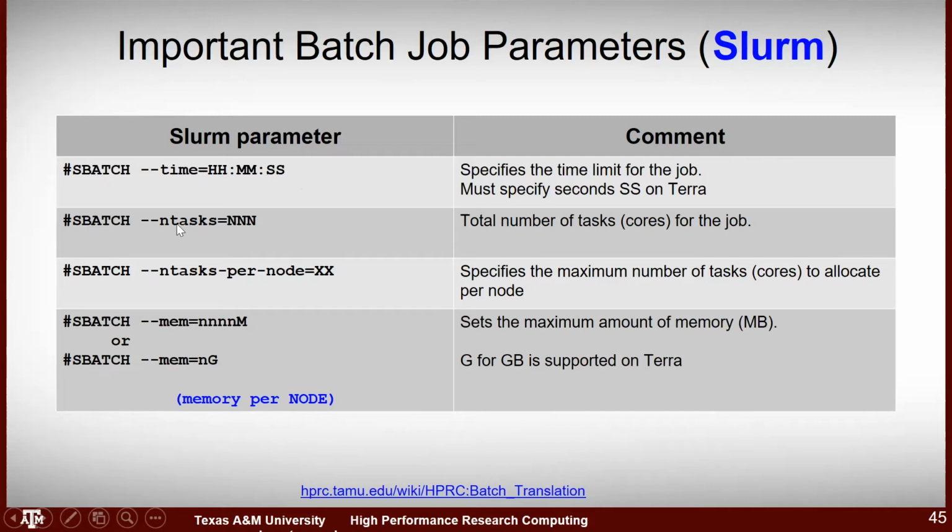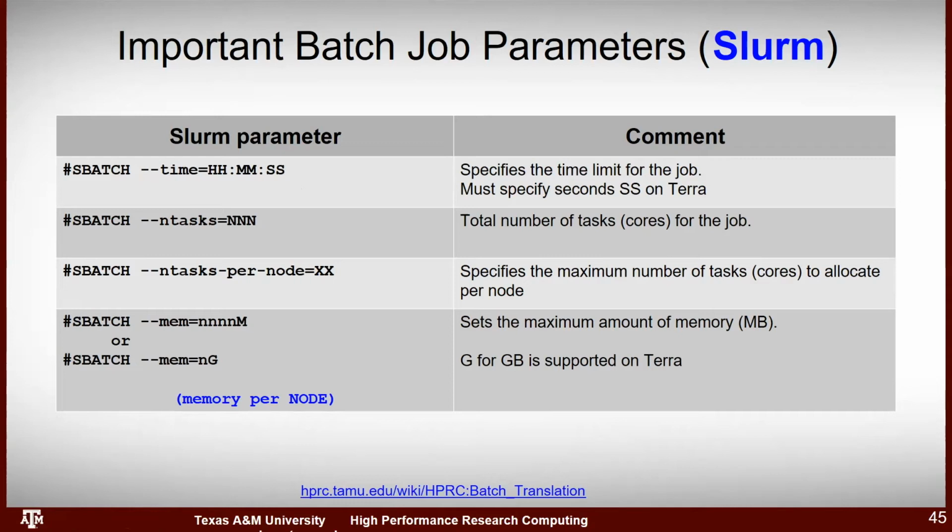The next one is n tasks. So n tasks is one way to request cores. A task means that you will be launching separate processes that each get assigned to a separate core. There are other ways to get cores. This is the most common one.